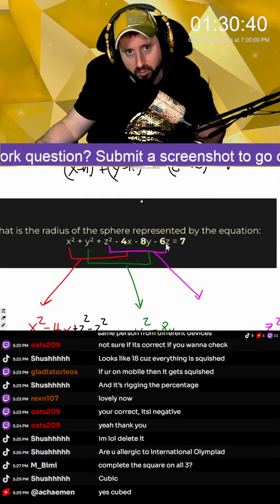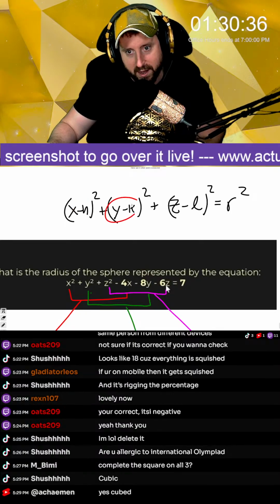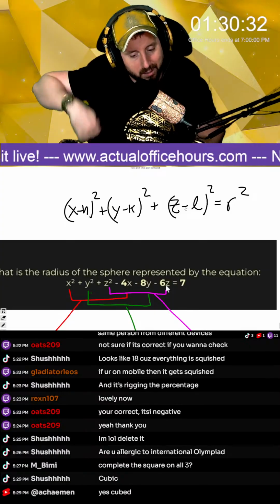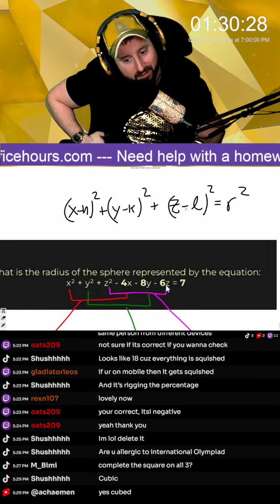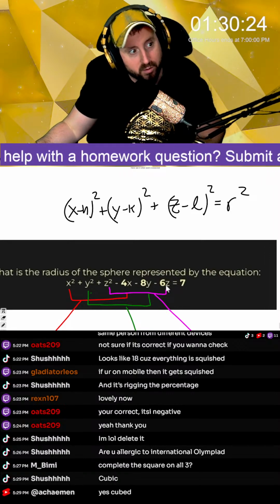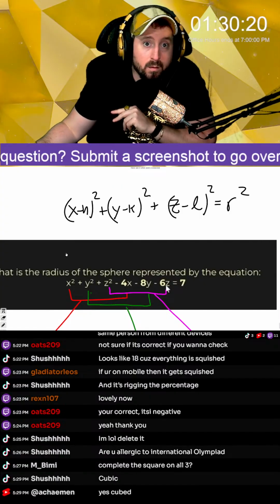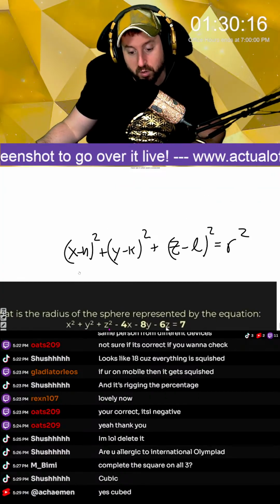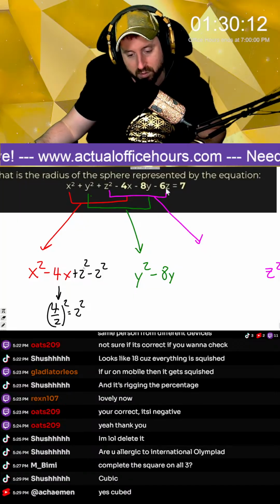Akian says it's R cubed. Fascinating. But I feel like these are square distances, so this needs to also be a square distance. Right? Yeah, I think it's R squared. No, these aren't 3 radii. All of these 3 things are going to add up to a single radius.